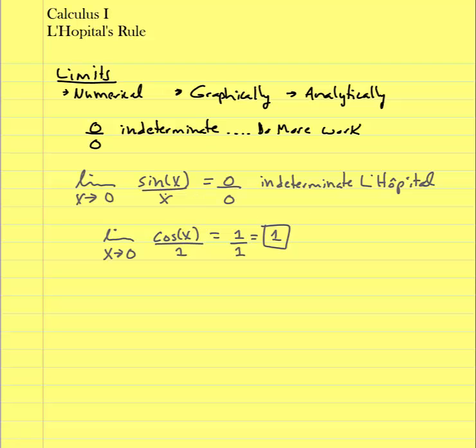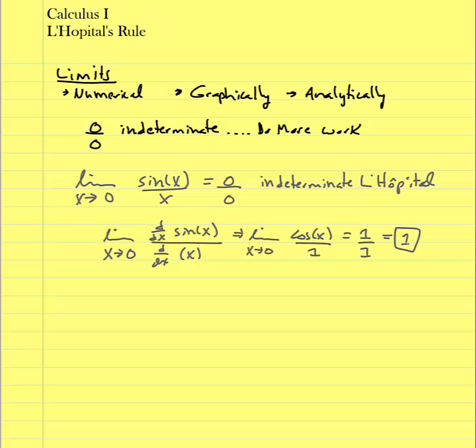So this rule that we used here, L'Hopital's rule, basically said, okay, take the derivative of the top over the derivative of the bottom. So I guess we could write that out a little bit more formally if we wanted. So we could take the derivative with respect to x of the top over the derivative with respect to x of the bottom, which would mean the limit as x approaches 0 of the cosine of x over 1, which is 1 over 1, which of course is 1.